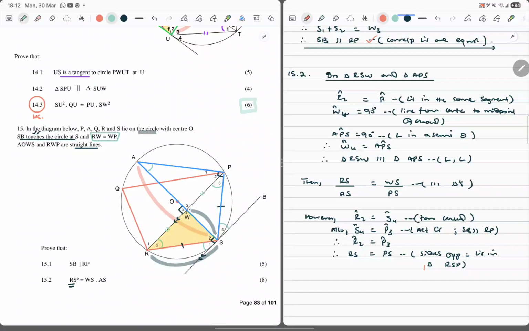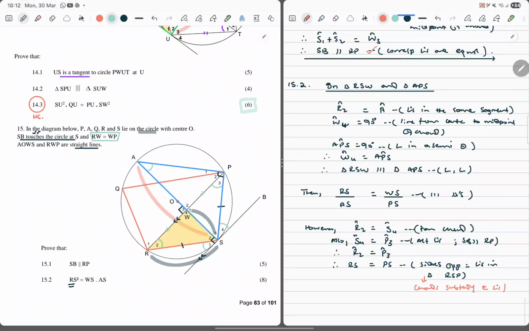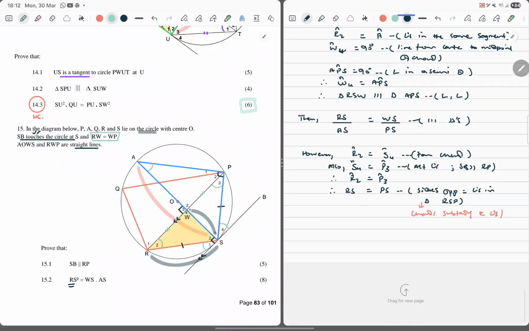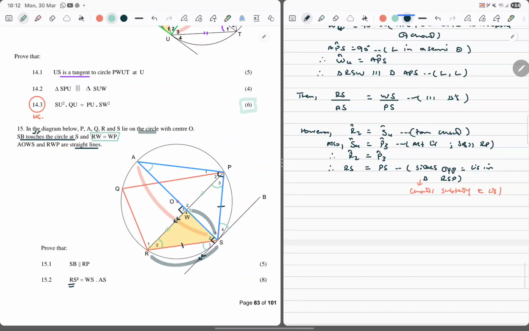Another student may just say chords subtending equal angles, because these are chords of the circle. So when chords subtend equal angles, then those chords are equal themselves. All right, okay. Now that was a bit of a crazy detour, was it not?